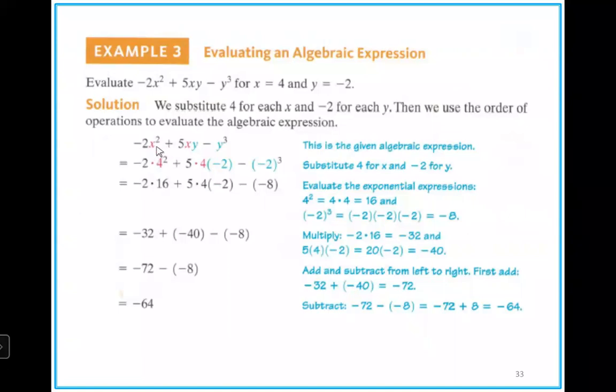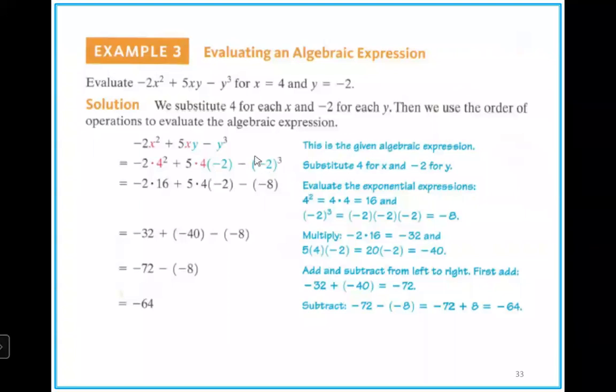They have the x in red and the y in blue. So x is equal to 4, y is equal to -2. So basically, you're going to substitute 2 times 4 squared plus 5 times 4 times -2 minus y to the third power, which y is -2. So that's -2 to the third power.